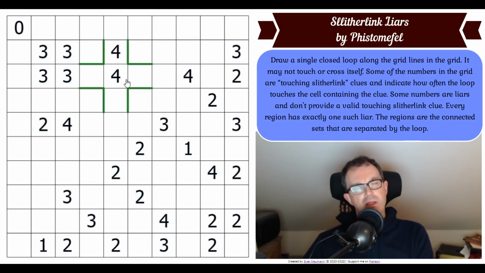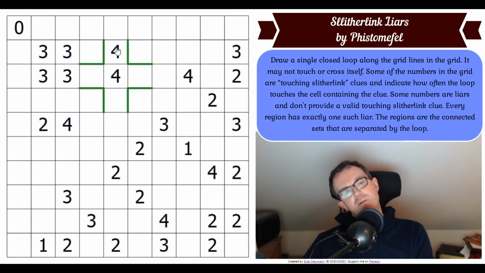So if one of the 4s was correct, and it was inside the loop, then we would know the other 4 was incorrect inside the loop, and then the whole of the rest of the insides of the loop cells would have to be correct, because there can only be one incorrect cell inside the loop. So if we can work out something good about the 4s, that would be very interesting.